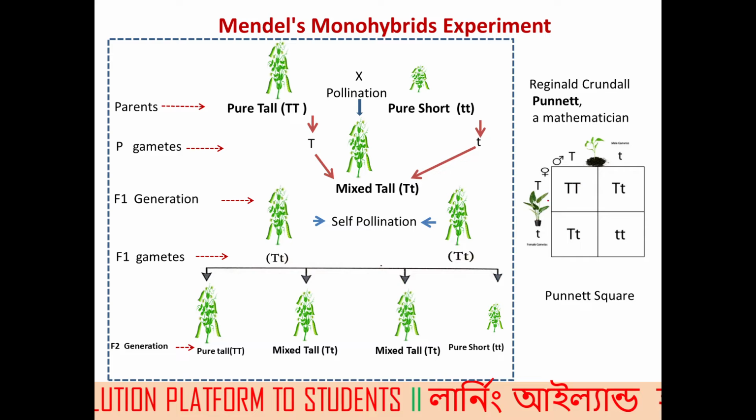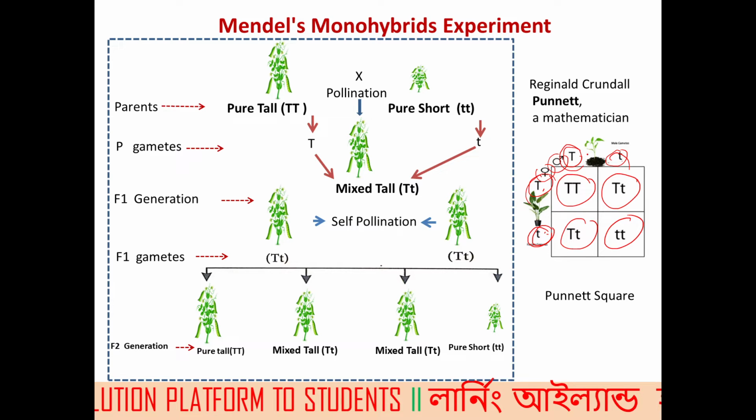So how is it obtained? Here you see, these are the male gametes, capital T and small t. These are the female gametes, capital T, small t. So when you cross it, T multiplied by T, we will get the result here, TT. Again, capital T multiplied by small t, we get capital T, small t. Again, with this male and female gamete, capital T, small t, we get capital T, small t, and small t, small t, you get small t, small t.